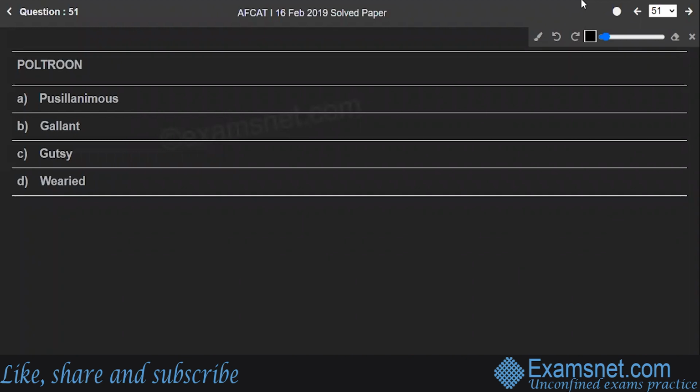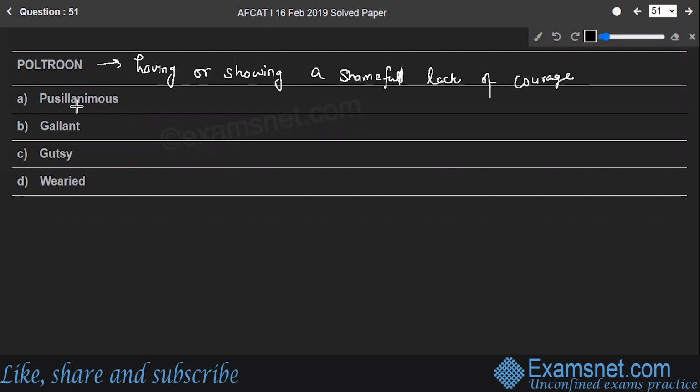First word is poltroon. Poltroon means having or showing a shameful lack of courage. The first option is pusillanimous.